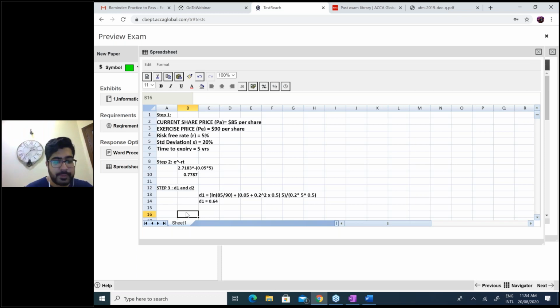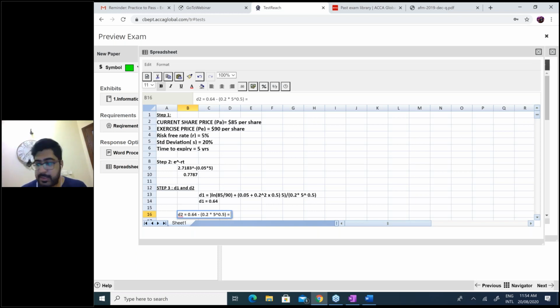And for D2, it's easy. It's D1 minus S root T. So what is D1? 0.64. Take to 2 decimal places. Minus what is S? 0.2 multiply by root T. So 5 is the T, and for root, power 0.5.